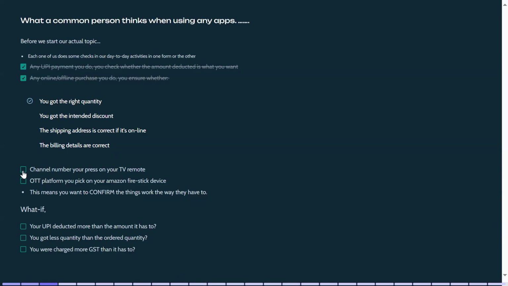Even while watching TV, you check whether you are pressing the right channel number on your remote, or selecting an OTT platform on your Amazon Fire Stick, and confirming these functions work correctly. That means you are checking from your end whether the system or application is working as per your expectations. Correct, right?